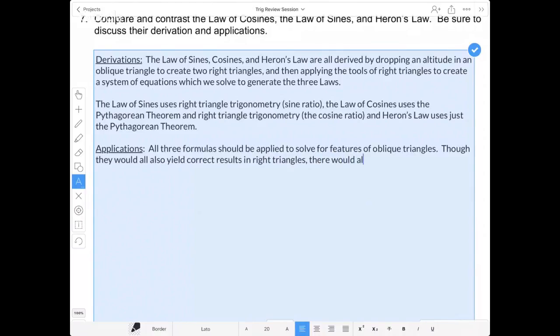There would always be a simpler method in a right triangle.